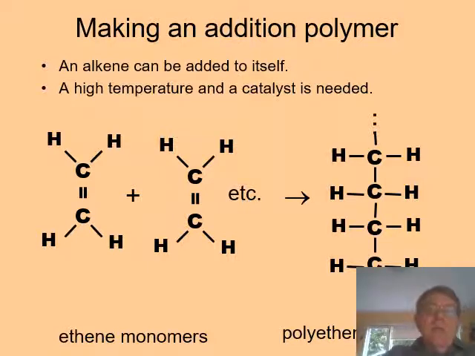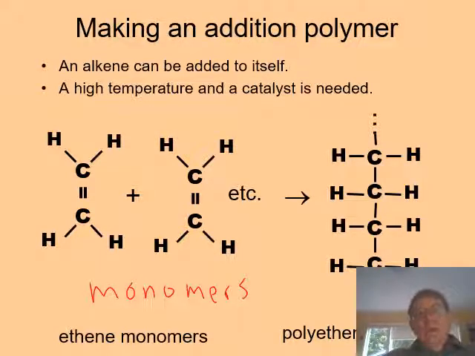In other words, ethene reacting with many molecules of itself to form a very long chain. And the long chain has just got C-C single bonds in it. The molecules that you make the polymer out of are called monomers. And what you're making is a polymer.